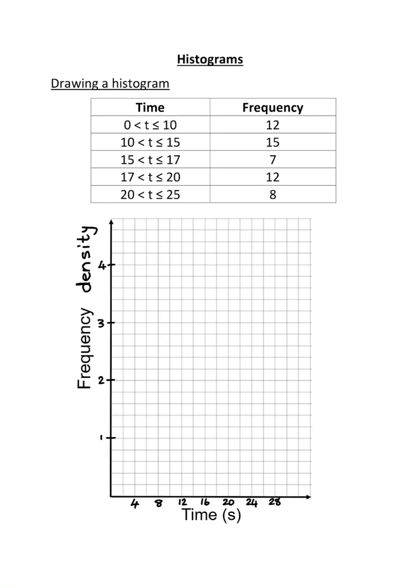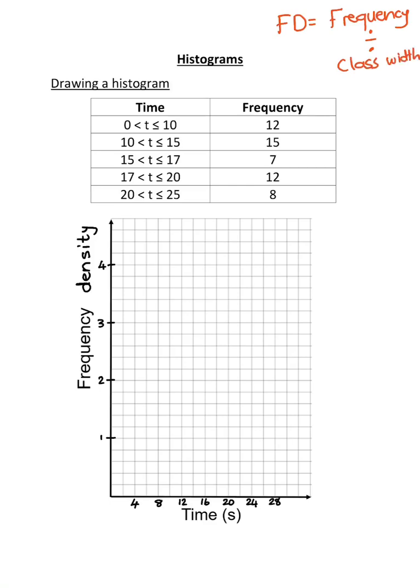To find the frequency density, and you just need to memorize this, all you do is you take the frequency and you divide that by the class width.